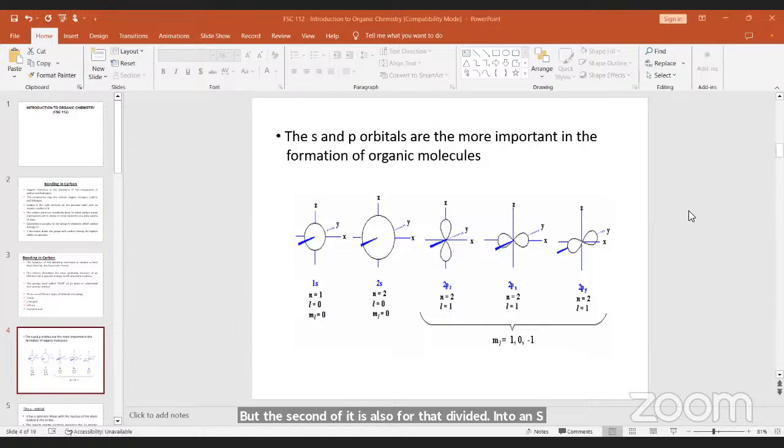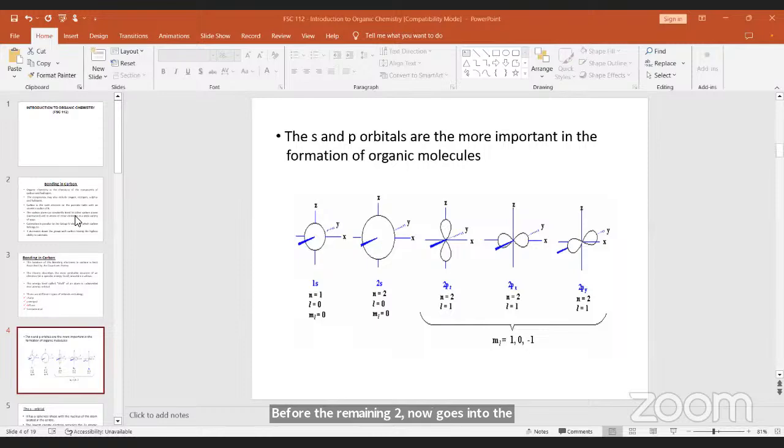Whereas the s can hold 2 electrons maximally, the p orbital can hold up to 6 electrons. So that's why the electrons in the second orbital first go into the s orbital before the remaining 2 now go into the p orbital.